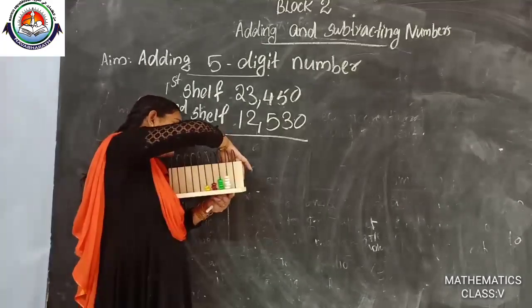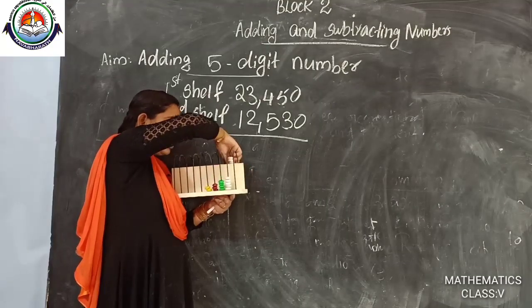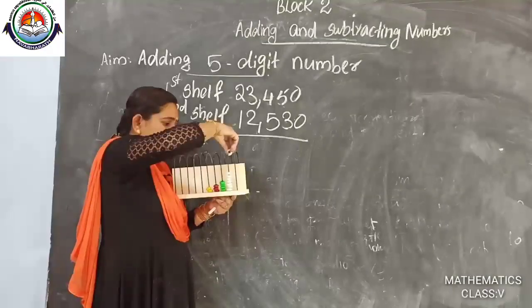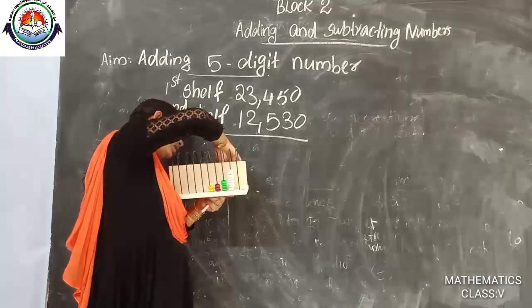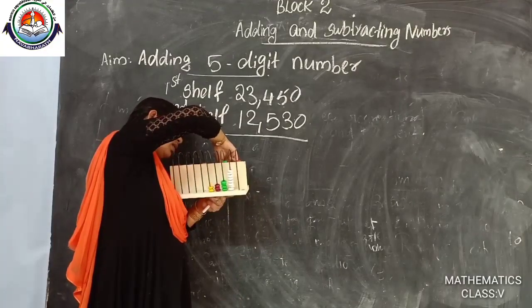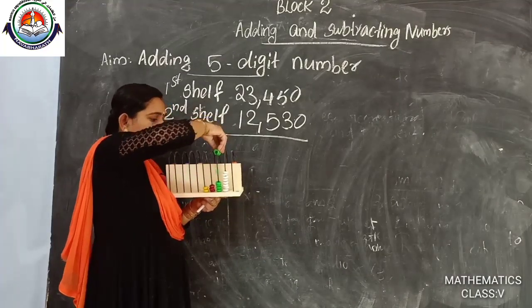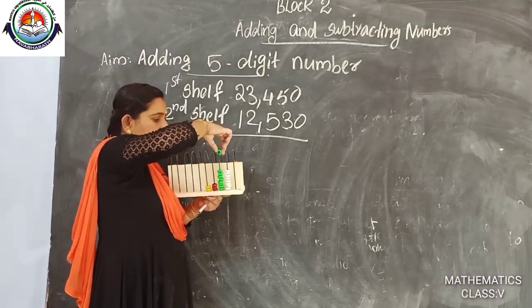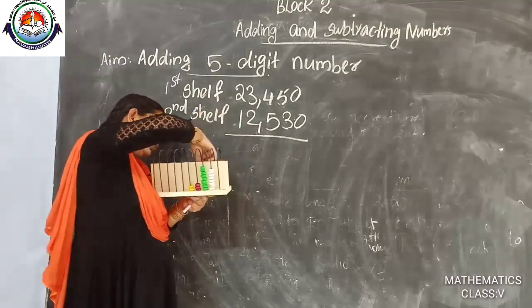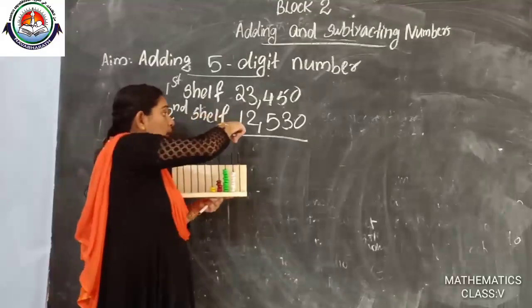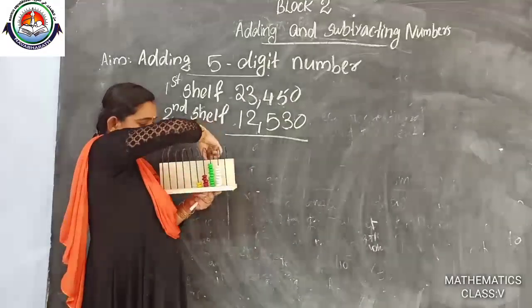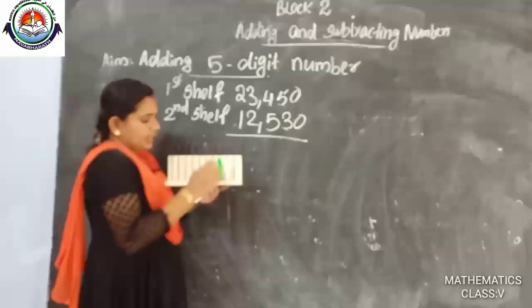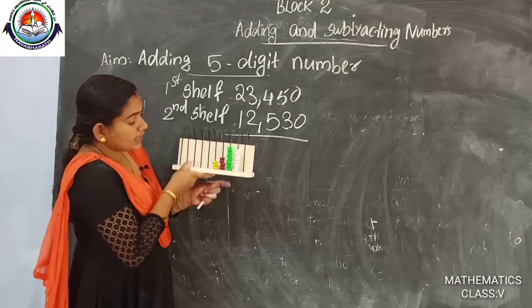Tens place, 3 beads we need, so we are putting 3 beads: 1, 2, 3. Then hundreds place 5: 1, 2, 3, 4, 5. Thousands place 2. And ten-thousands place 1. Ten-thousands place is 1. Did you listen?